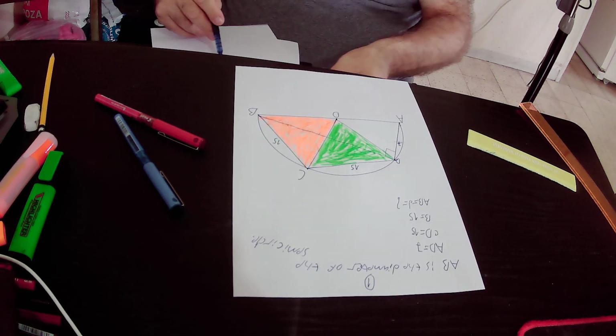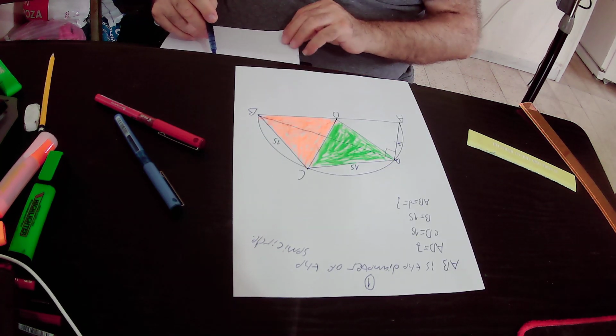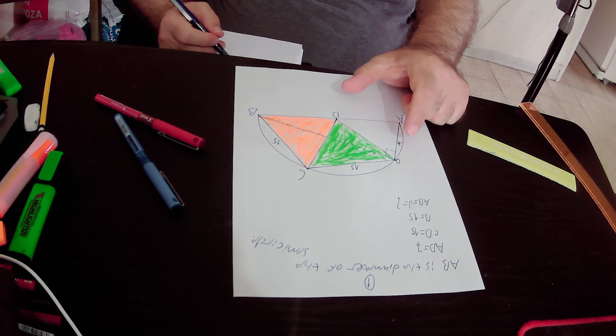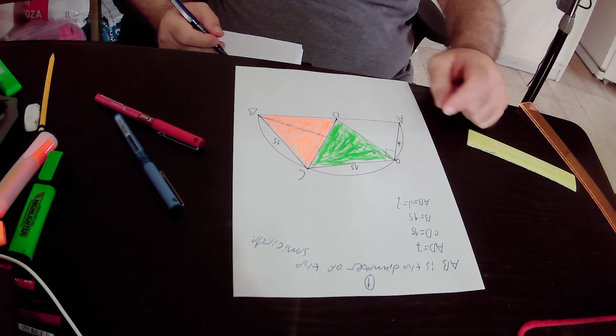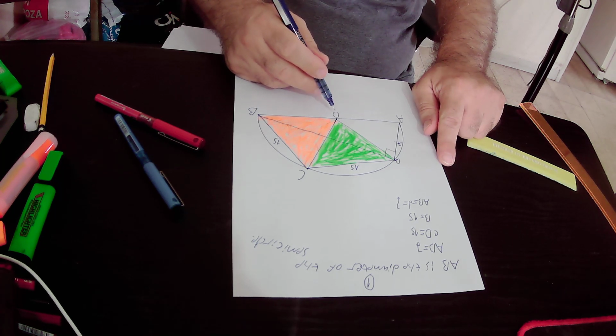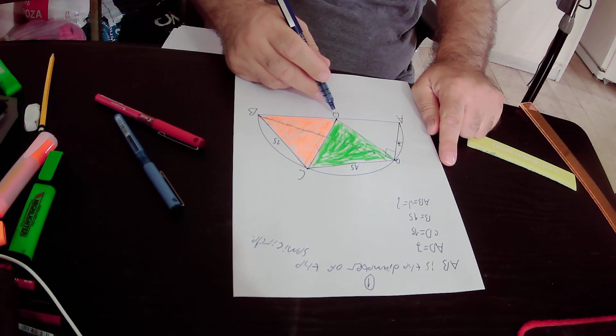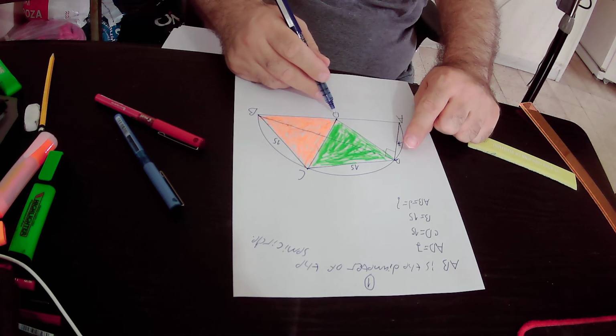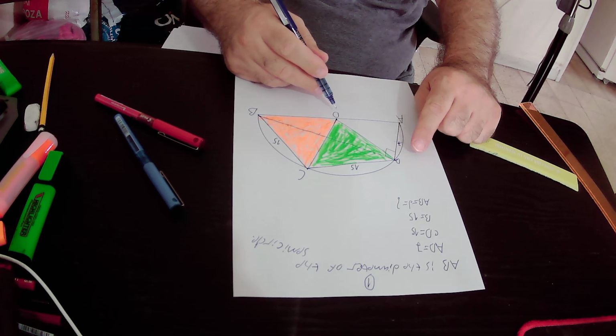And actually side OD is the radius of this semicircle, because it starts from the center of this semicircle, that is point O, and ends at point D, a point on the semicircle itself. Therefore it is the radius.